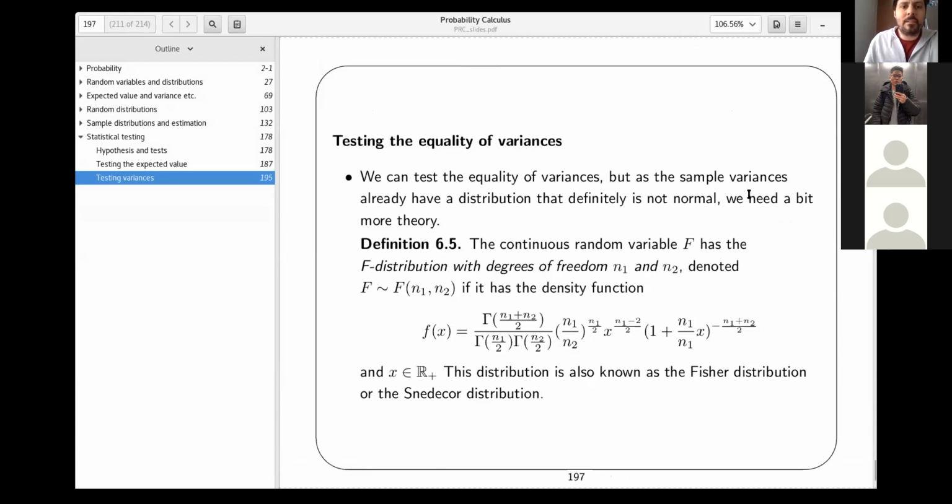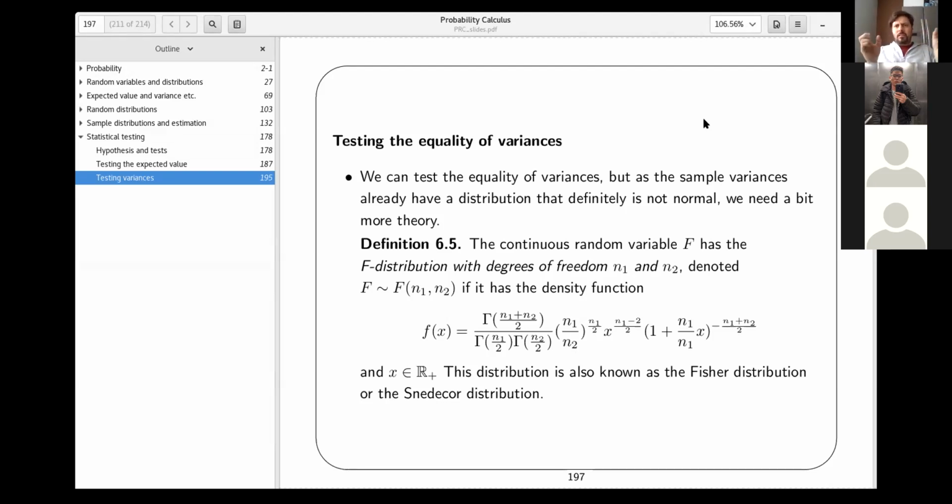The problem is that often what we need to determine is whether two variances are equal. So we have two samples and they have possibly different variances, and we have to check whether they are equal. The sample variances will have chi-squared distributions, right?